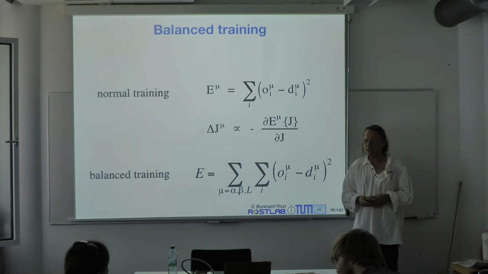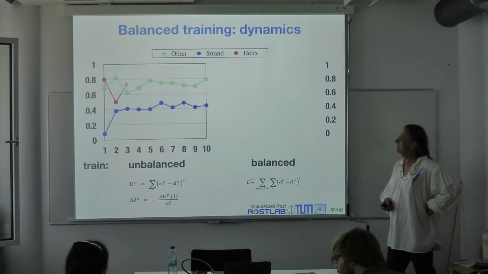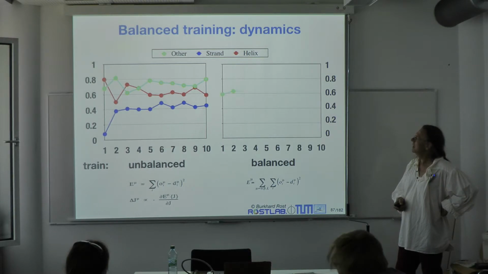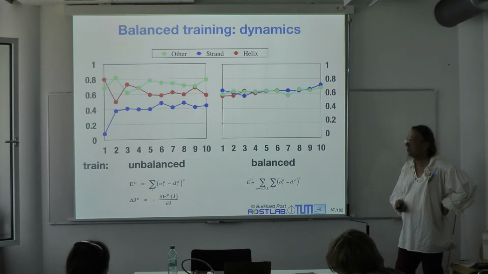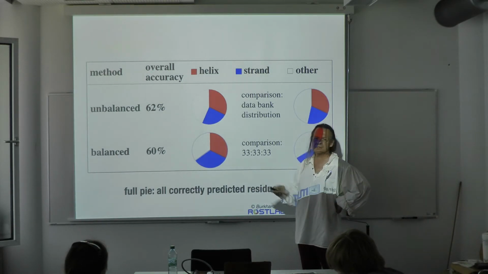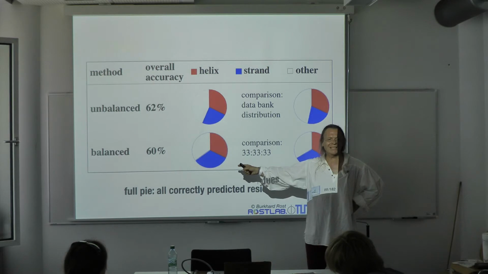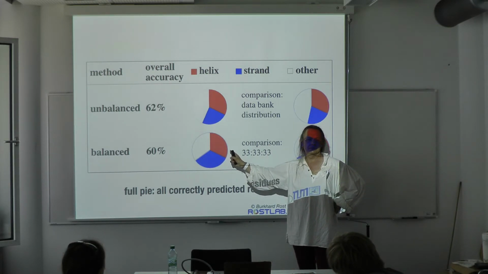Okay? And when you do this, well, this is the repetition of what we got in the unbalanced way, and this is what you get in the balanced way. Exactly identical. When you get to the performance, beta strand is predicted exactly at the same level as other and helix.